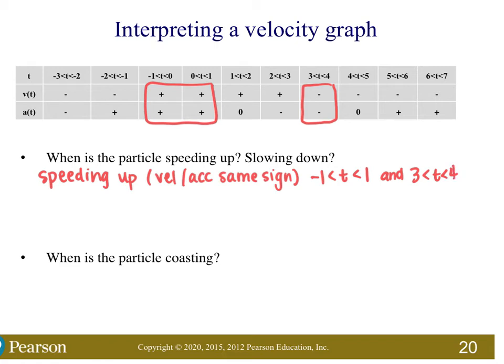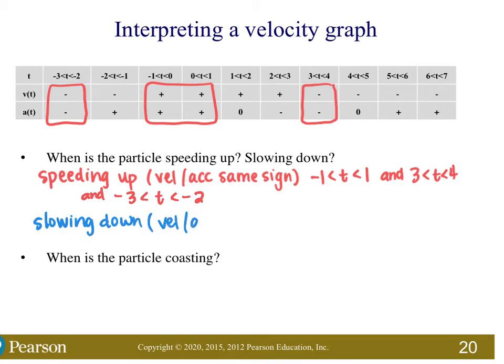When is it slowing down? Well, it's slowing down. Oh, I see another one. You guys probably already saw it. I missed it. That one. So it's speeding up there again, and from -3 to 2. Okay, slowing down. Slowing down is when the velocity and the acceleration have opposite signs.